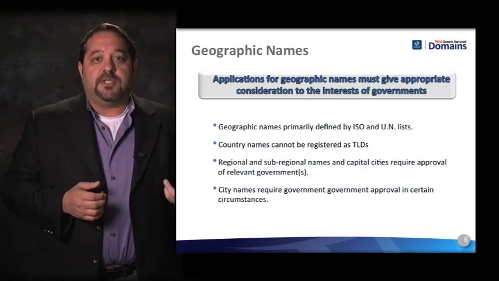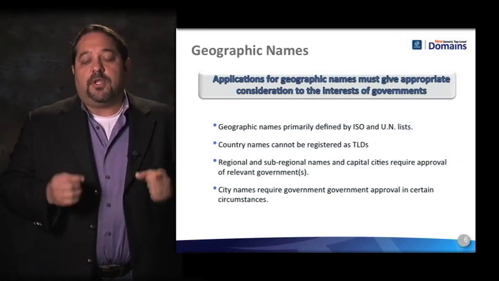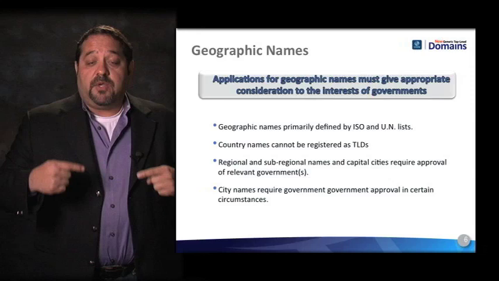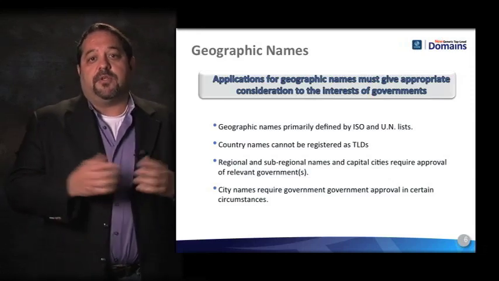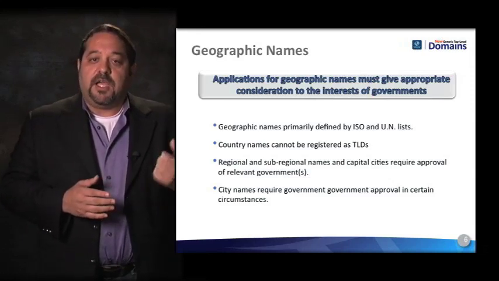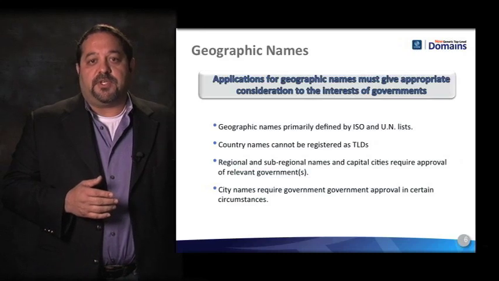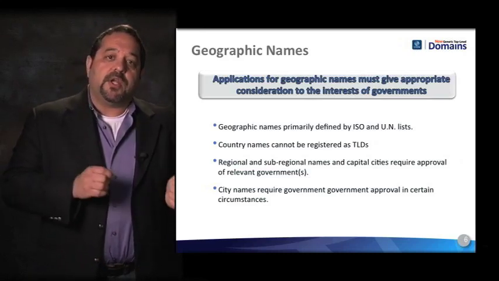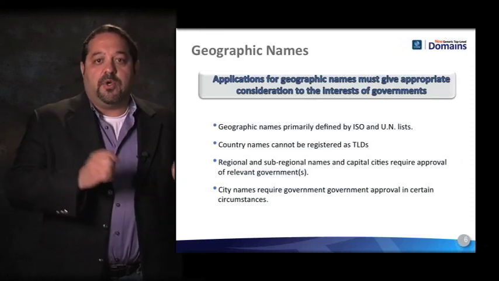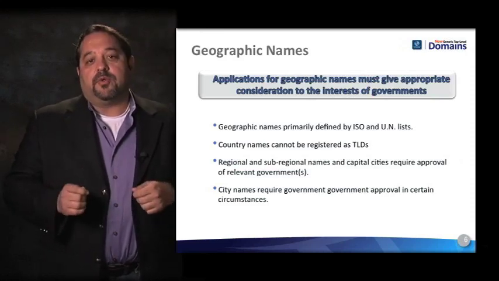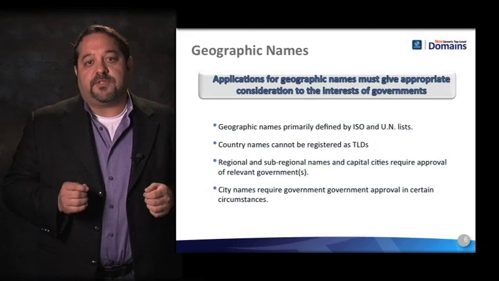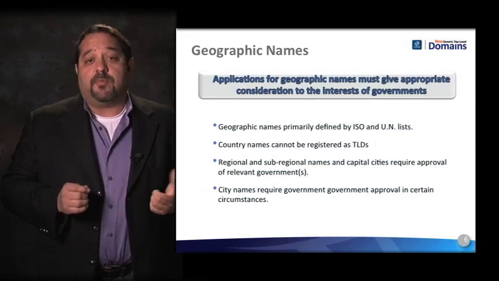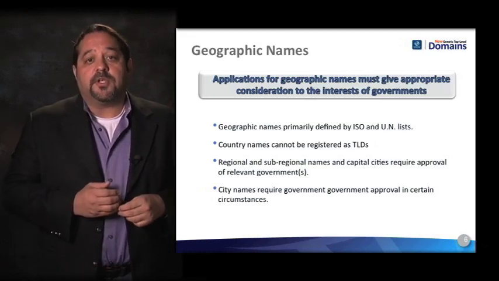You will be deemed a geographic name. At that point, the evaluation panels will reach out to you to let you know that you've been deemed a geographic name, and you'll have to go through the additional steps of securing the letter of support or non-objection. So it is critical for you as the applicant that you go through that process now, prior to applying, so that you have as much time as necessary to get through those requirements and submit the appropriate documentation.